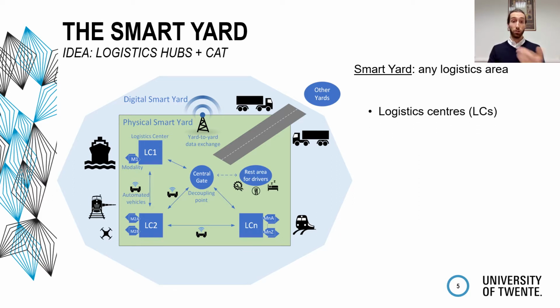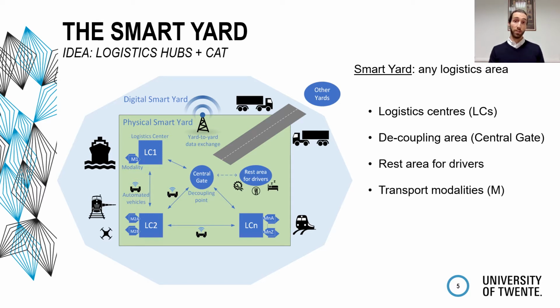These features are logistics centers, so companies over there, terminals, warehouses, a decoupling area or central gate where incoming trucks stop, park, decouple the trailer and give it to automated vehicles that bring it to logistics centers. Then we also have a rest area for drivers next to the central gate where drivers can rest or sleep, eat, or repair their containers, any services that they might need.